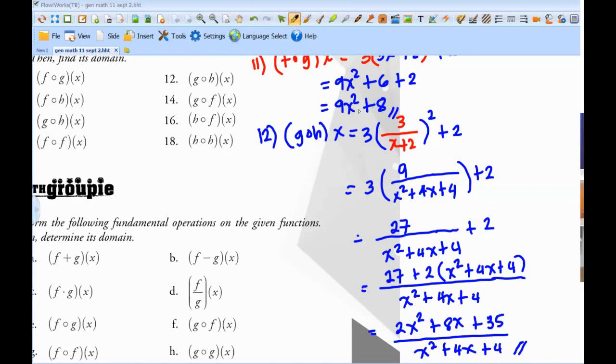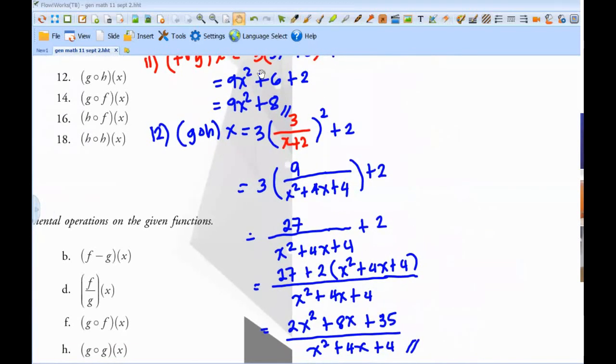So let us start to get the domain of number 11. The domain of number 11, there's no restrictions. So that's why x such that x is an element of real numbers. We don't have any restrictions on that. But here, the domain should be x such that x cannot be equal to -2.